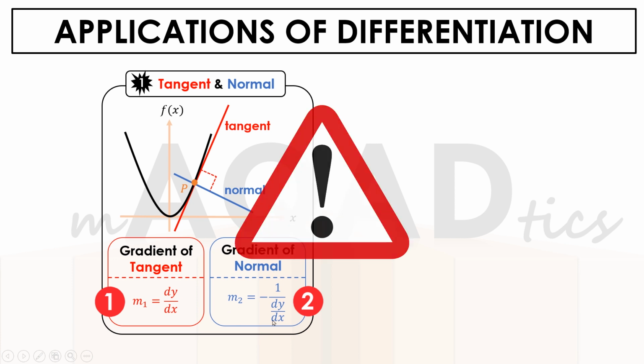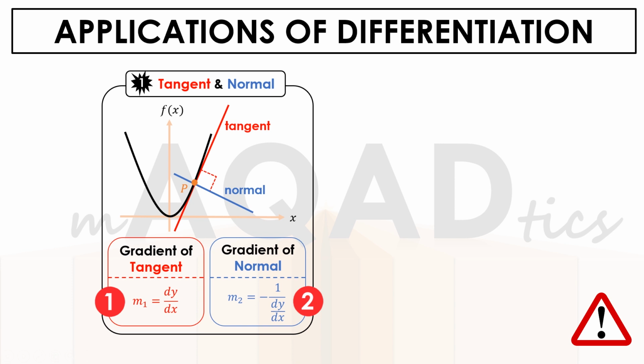Usually, I discourage students from memorizing the formulas. Instead, I encourage students to understand where the formula comes from. So we need to go back to last year's chapter, Chapter 7, Coordinate Geometry, where we learned that for 2 lines which are perpendicular to each other, like for example this, if we multiply their gradients, it will be -1.